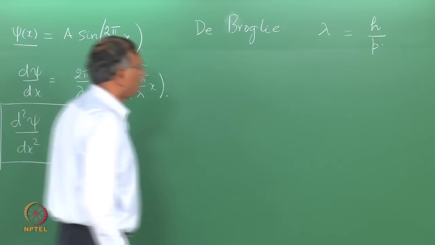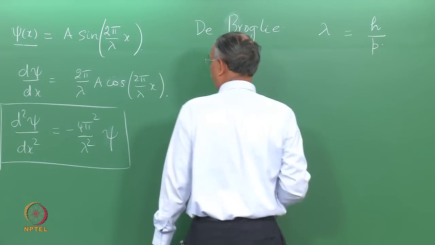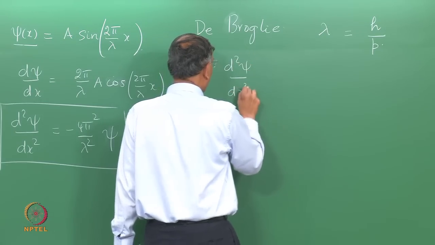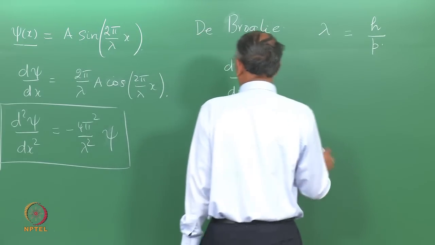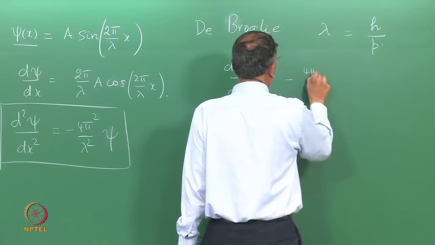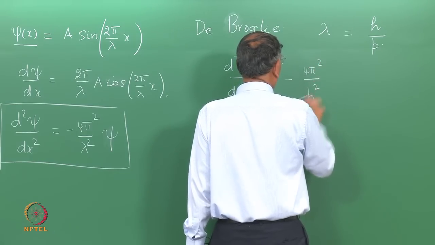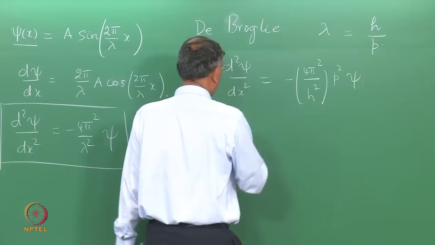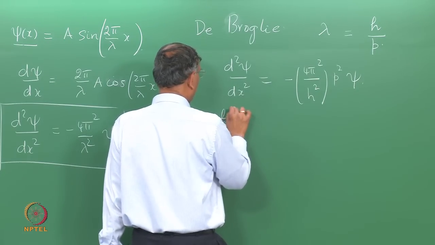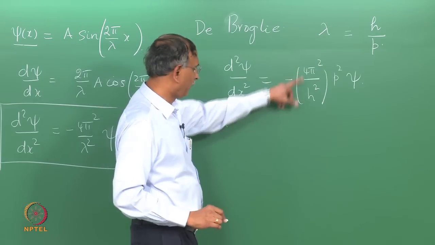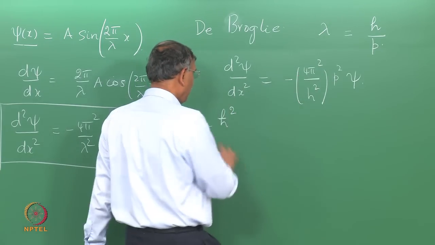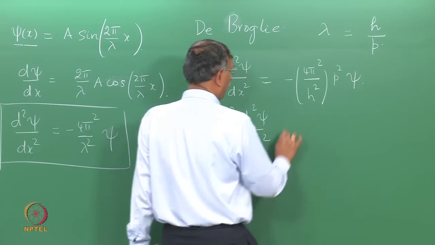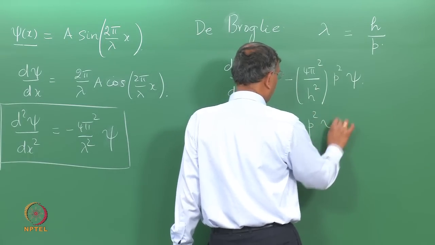In terms of momentum of the particle you have here, and therefore, if we write the wave equation, it is d square psi by dx square, which is equal to minus 4 pi square by h square multiplied by p square psi, or minus h bar square. We know that h by 2 pi is h bar, therefore if we bring that in, it's minus h bar square d square psi by dx square is equal to p squared psi.